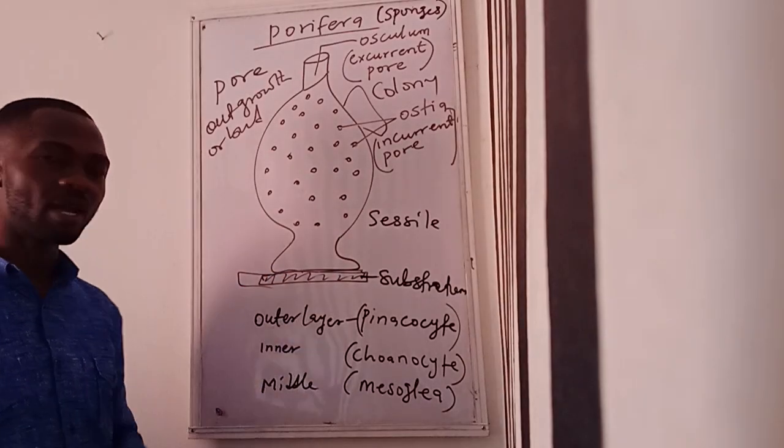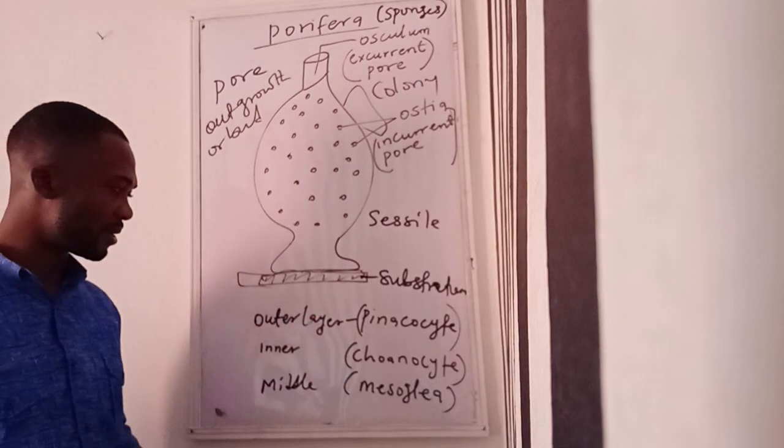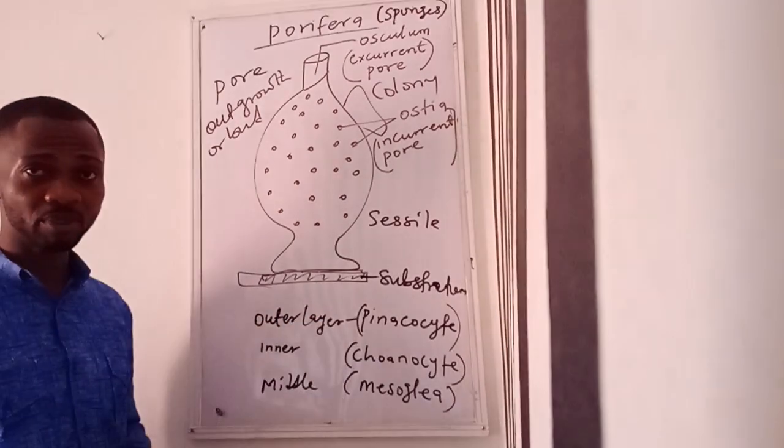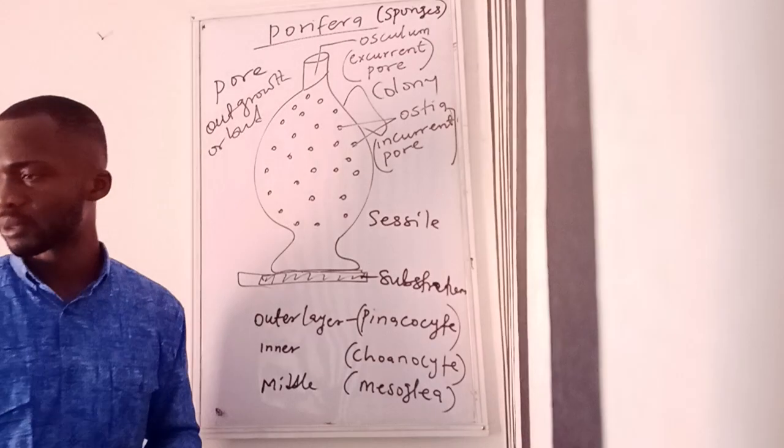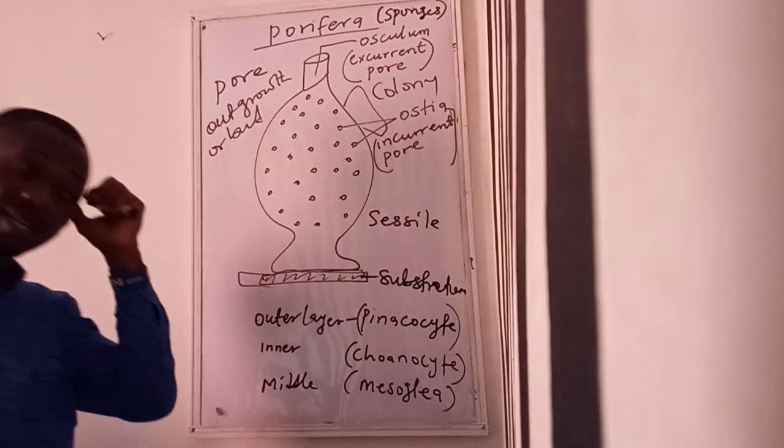Then, of course, they have these body layers or body cells. The body wall of the sponge contains three layers of cells.